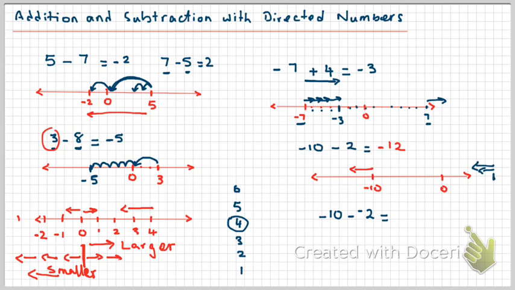So I now have 2 negative numbers. Let's draw a number line. Now teachers struggle to explain this, and I've got a way of explaining it. I'll explain it using a number line, and then I'll explain it using another trick.